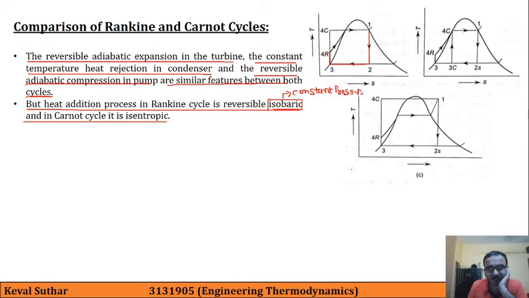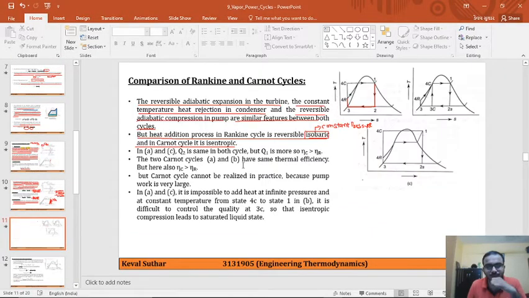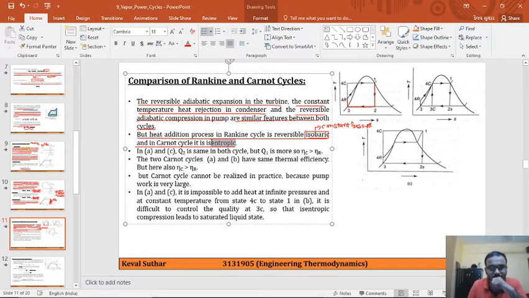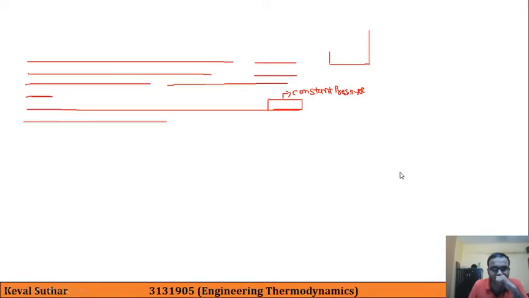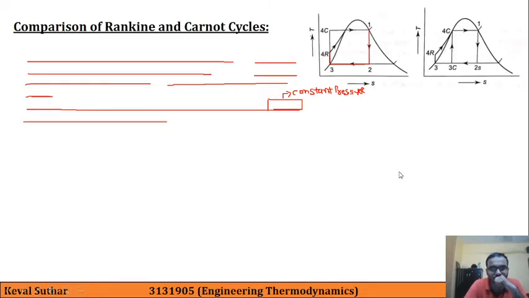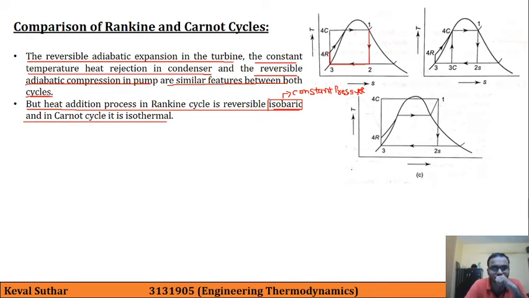There is one more correction which I need to make: in the Carnot cycle the heat addition is an isothermal process, that is constant temperature.